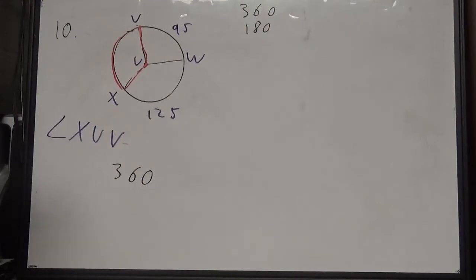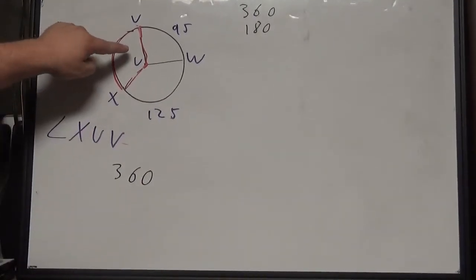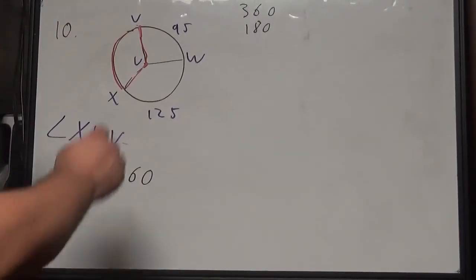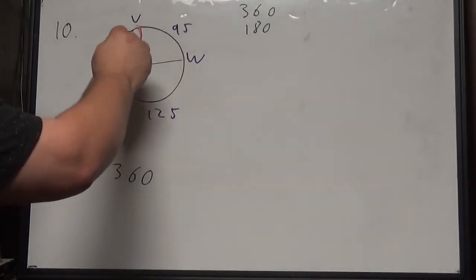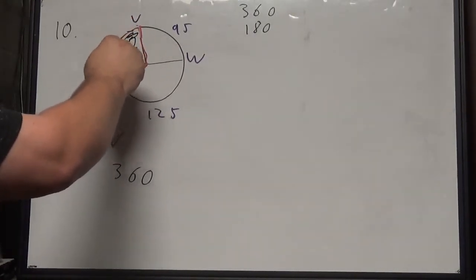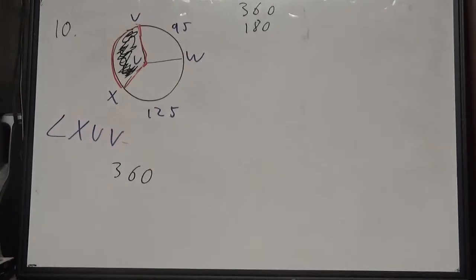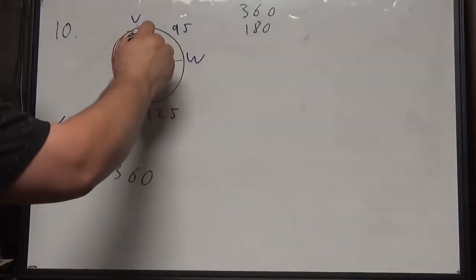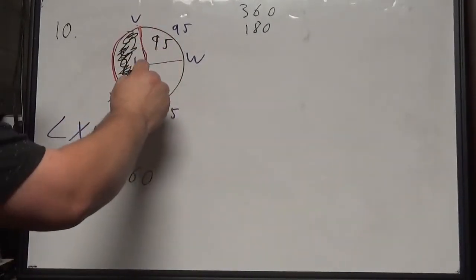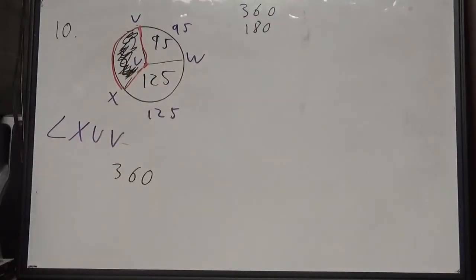And what I'm going to do is say, we need this segment. This is what we need. Let's shade it in. Well, we know this segment equals 95 and this segment equals 125.